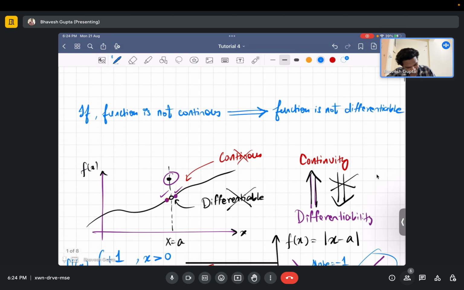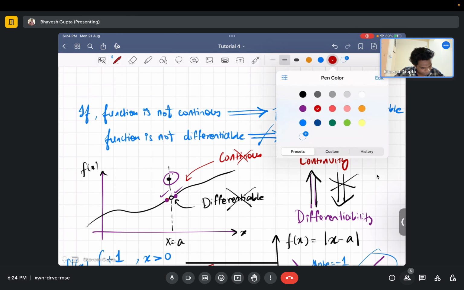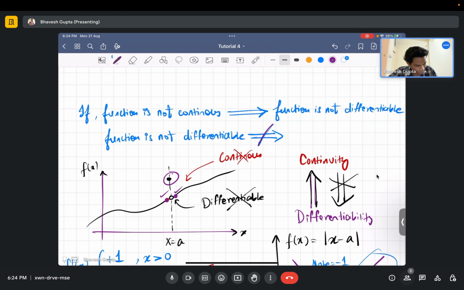And the vice versa statement, that if the function is not differentiable, that doesn't imply, let me strike it off with a different color, that my function is not continuous.